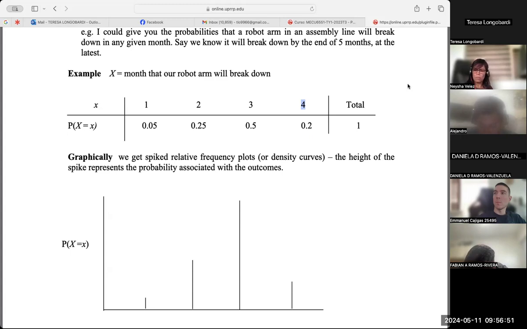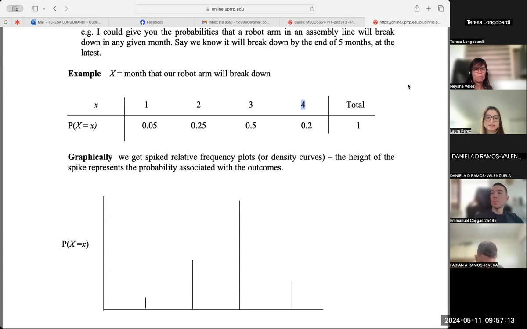Okay, what's the chance that it will break down in 4 months or less? One, right? 1 or 100%.